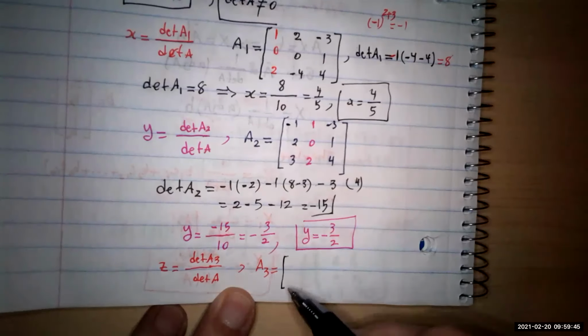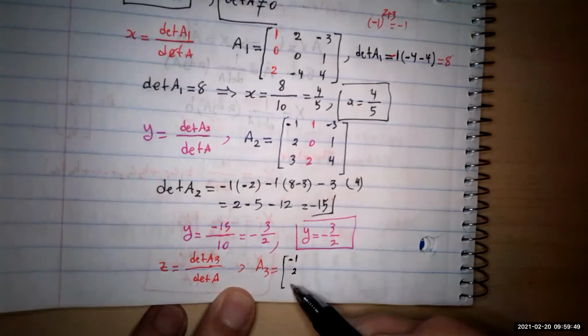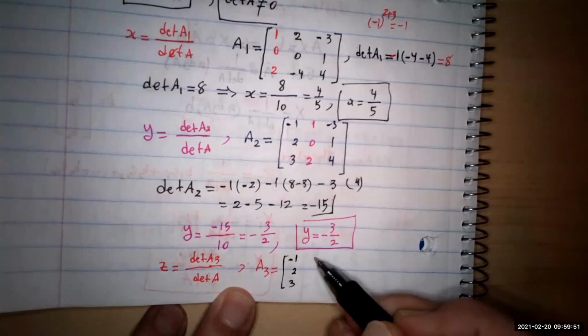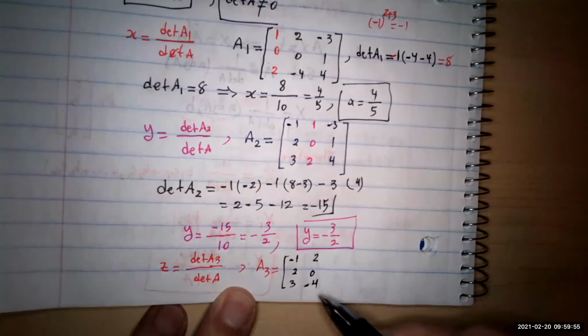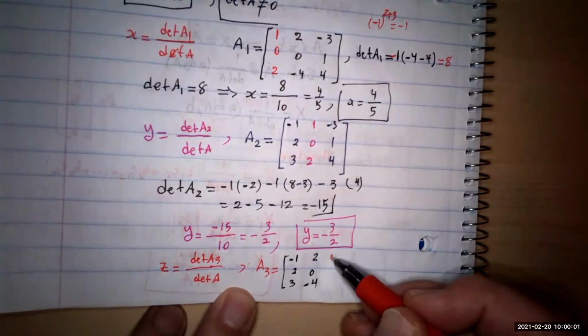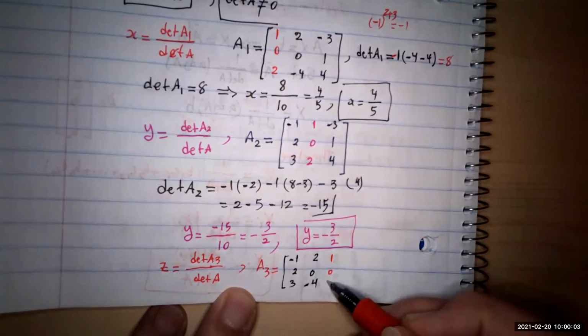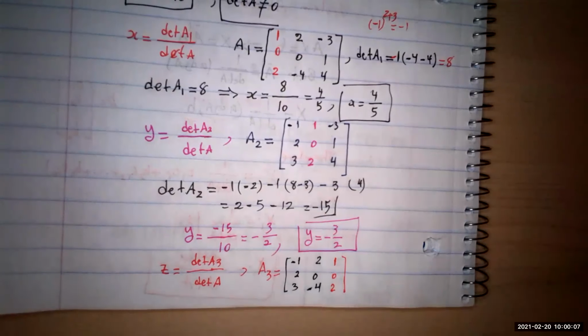So the first 2 columns would be unchanged: -1, 2, 3, and the second one would be 2, 0, -4. Now we switch the third column by B, which is going to be 1, 0, and 2. So this is going to be A3.